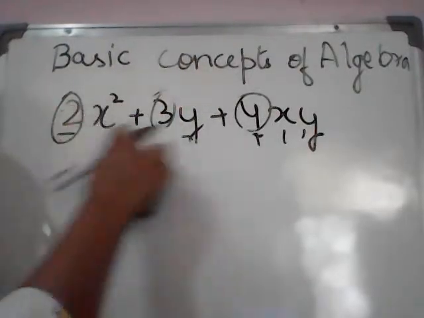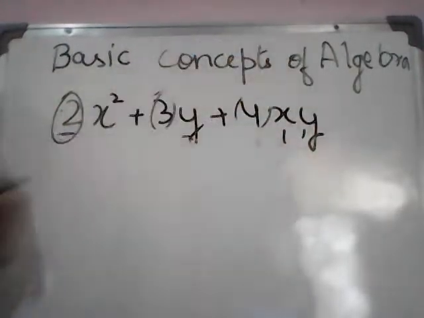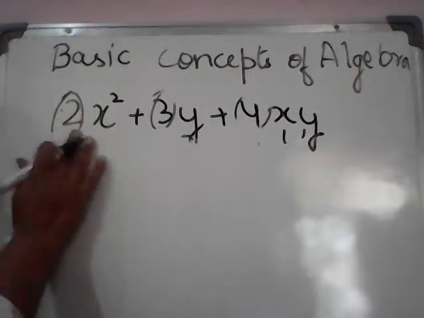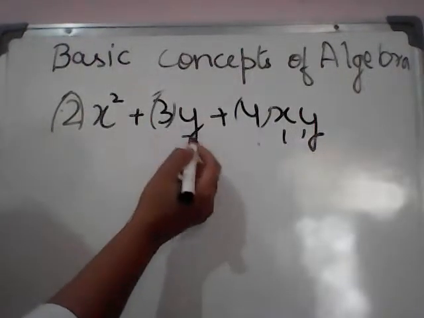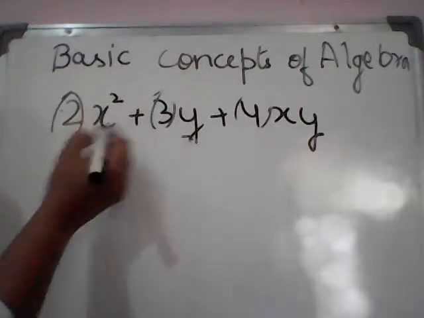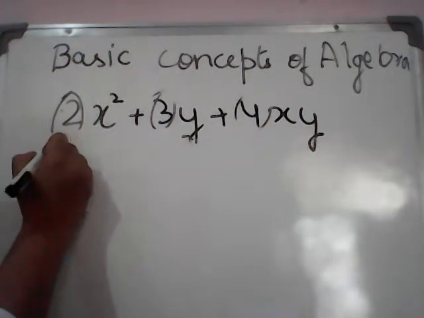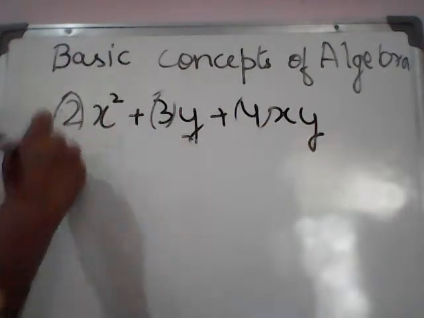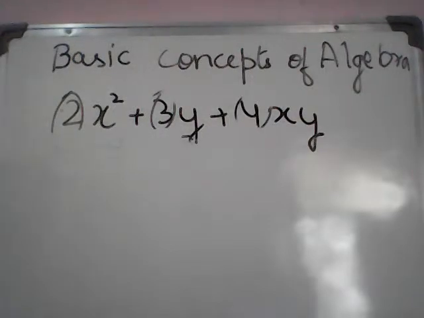Now what are terms? Suppose this is an expression, 2x square plus 3y plus 4xy. Terms are when we separate these constants and variables with the sign of plus and minus.